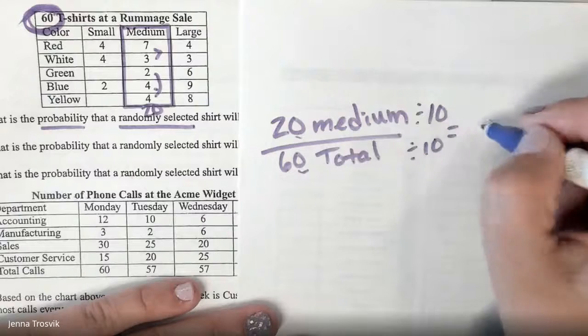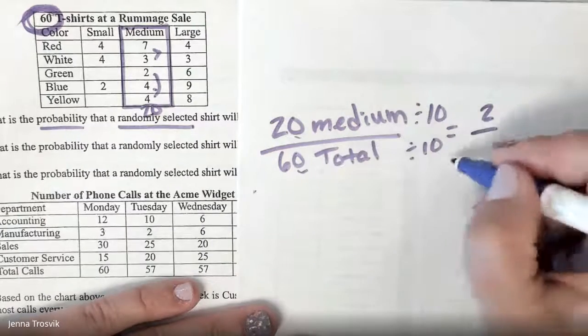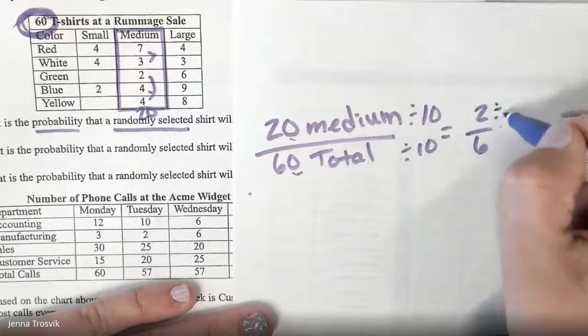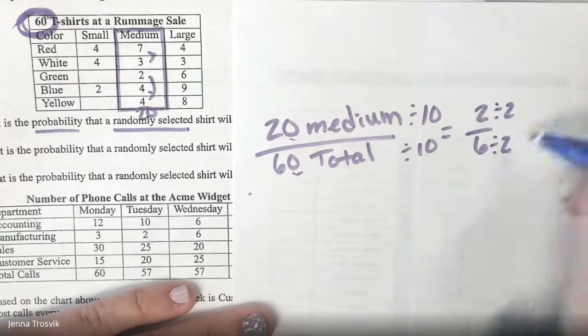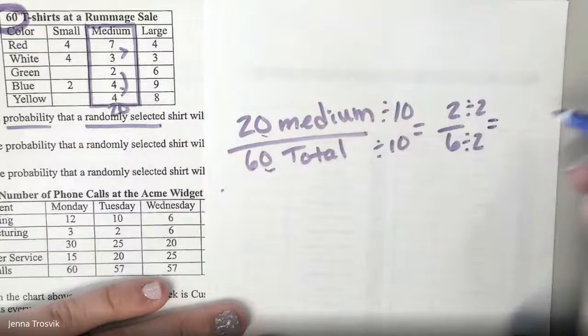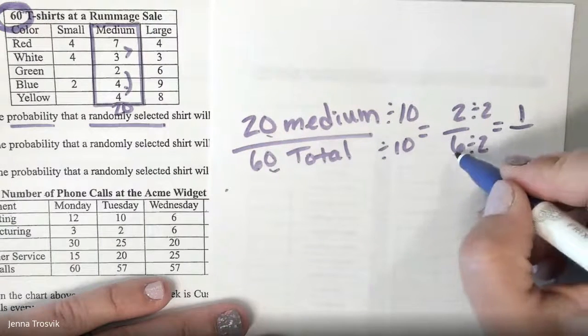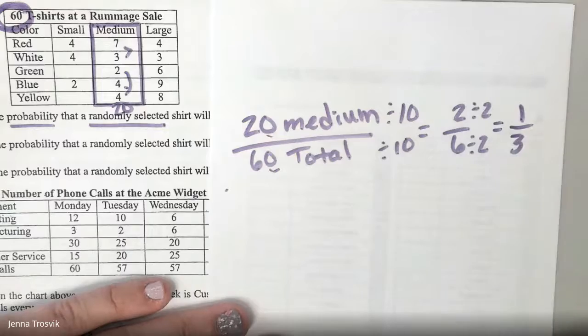So 20 divided by 10 is going to give me 2. 60 divided by 10 is going to give me 6. Now, both 2 and 6 are divisible by 2 as well because they are both even numbers. So we can simplify even more. 2 divided by 2 equals 1. 6 divided by 2 equals 3.